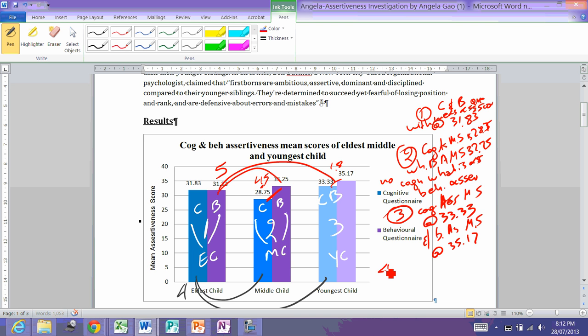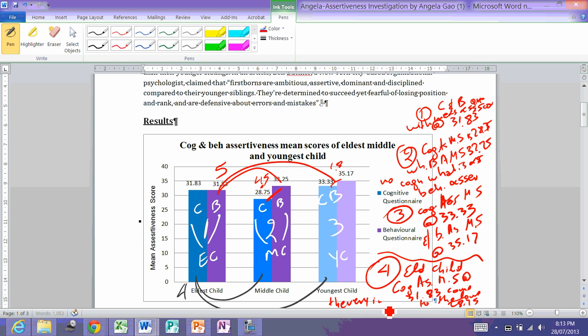Comparing the cognitive assertiveness mean scores, we see that the eldest child has a cognitive assertiveness mean score of 31.83 compared to the lower 28.75 of the middle child, and the very increased, statistically significantly increased, 33.3 of the youngest child.